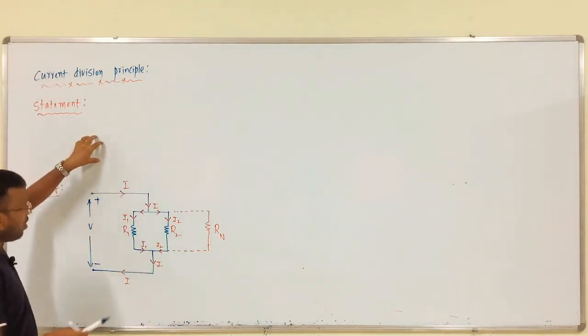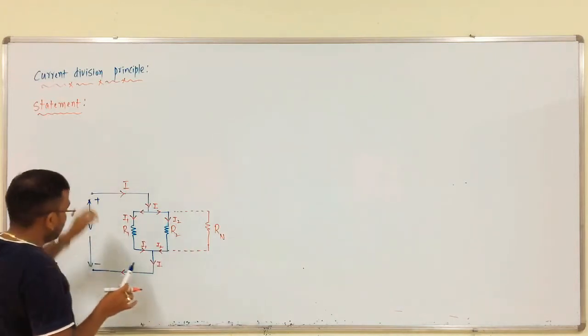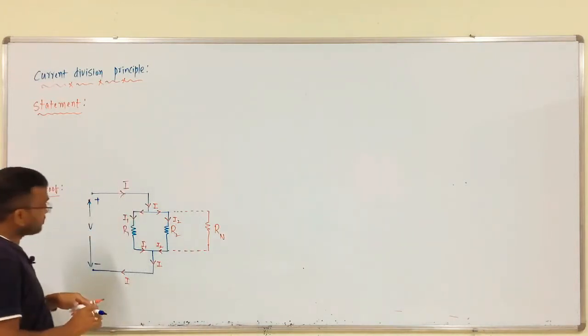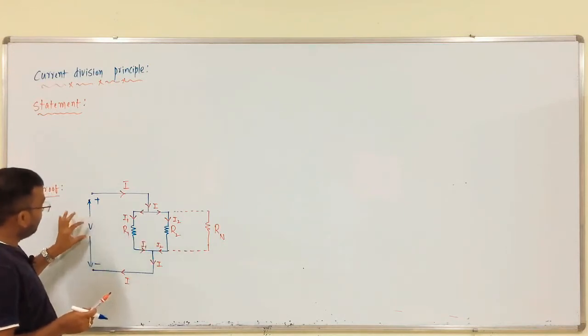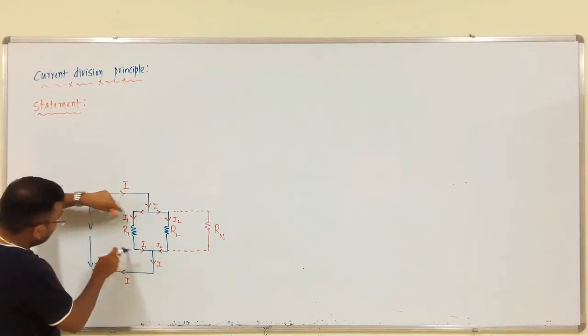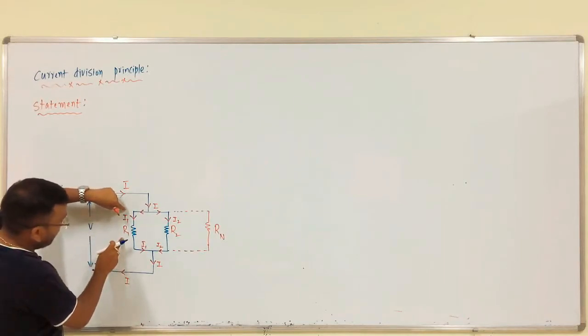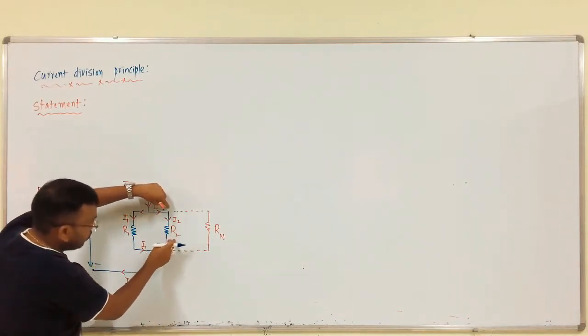You will write the statement after getting the proof, right. So from this, the total voltage V across any branch is V equals I1 R1, which equals I2 R2.